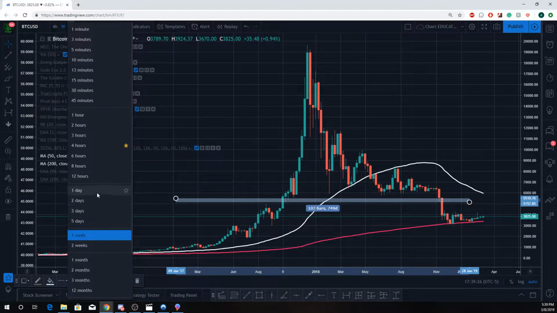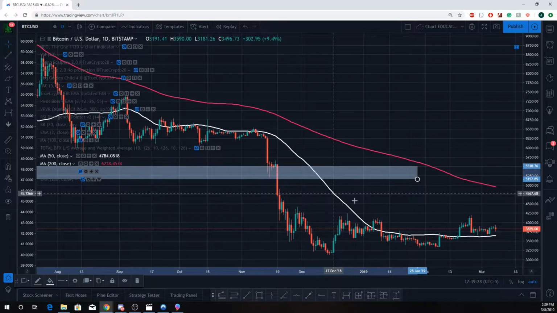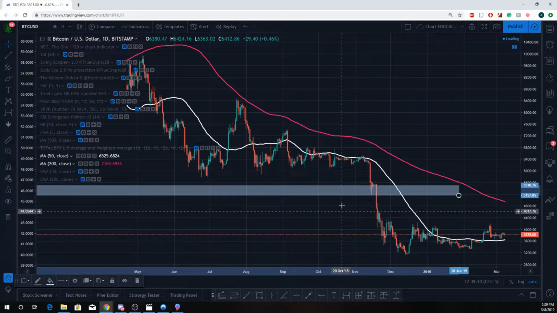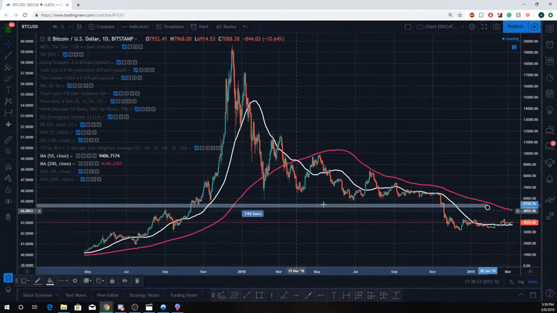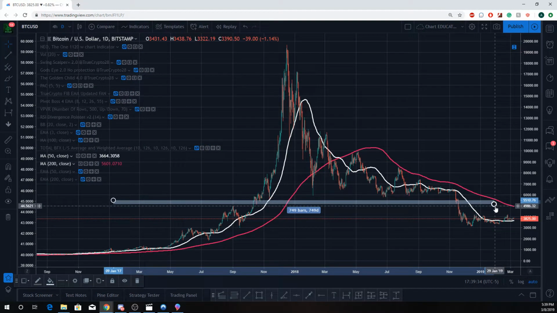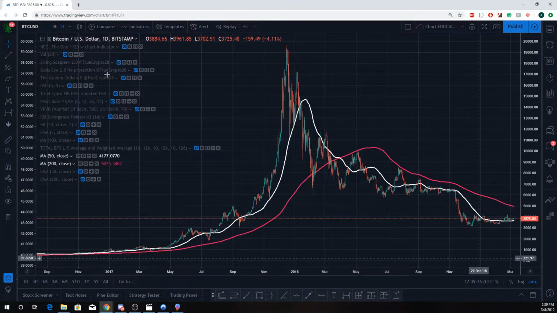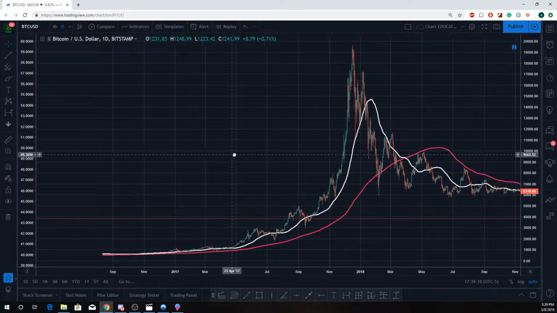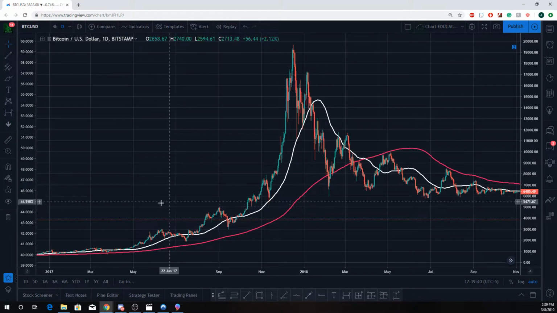We can move to a daily, make it a little bit easier, which goes something like this. But the idea of a moving average is to filter noise. The price action guys only say, oh, you don't need any of this stuff. You may not. But ultimately you can tell this is an uptrend, and a moving average will filter noise.